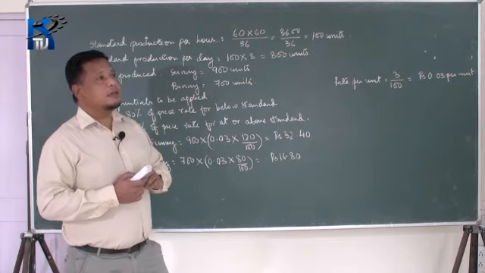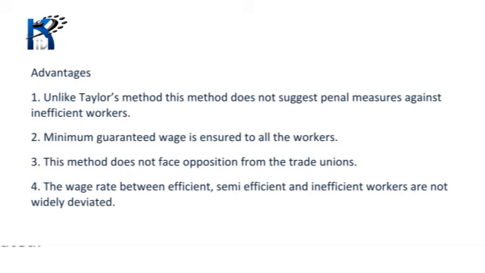So the main advantage is that the inefficient workers are not being penalized. So unlike Taylor's method, this method does not suggest any penal measures against inefficient workers. Again, another great advantage is that the minimum guaranteed wages is ensured to all the workers.